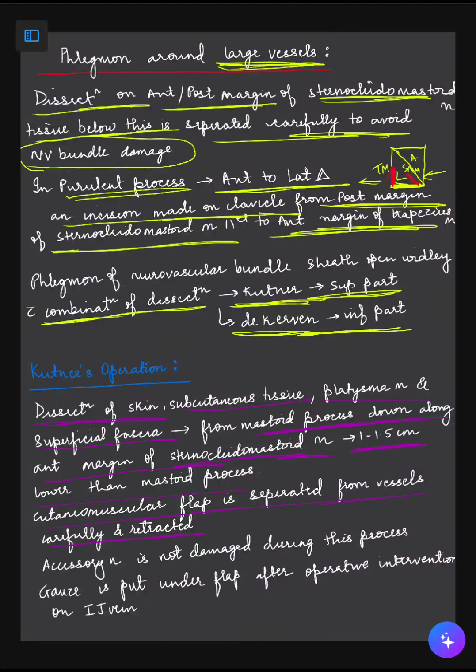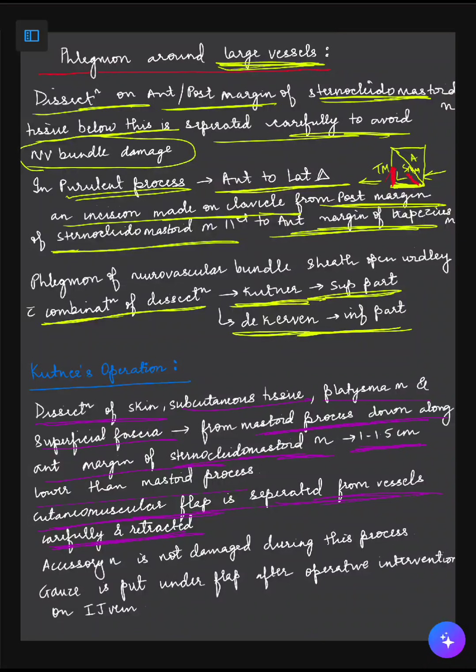From here, cutaneomuscular flap is separated from the vessels carefully and retracted.